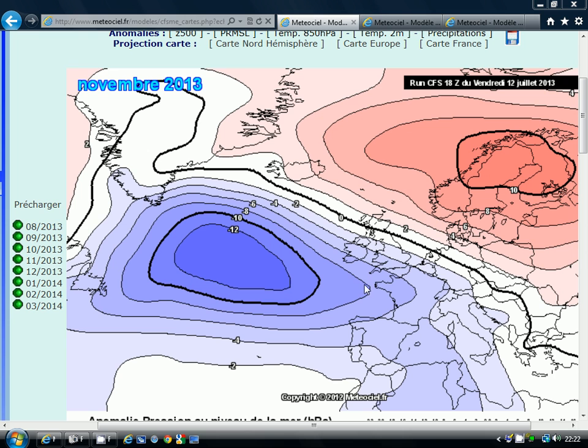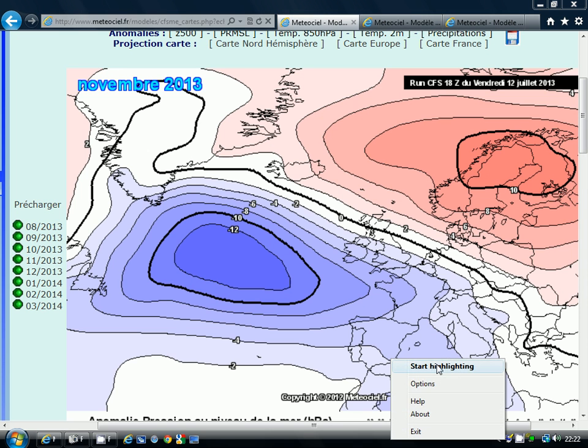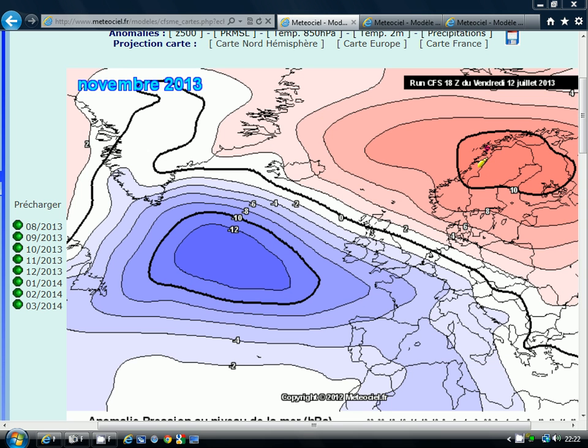It's a very similar pattern as we go into November as well, just that we lose the pressure a little bit over Scandinavia, but it's still pretty high. That's still a pretty extensive area of high pressure over Scandinavia, and it's still enough to sort of block off the Atlantic. The low pressure, the trough, is still stuck in the Atlantic.